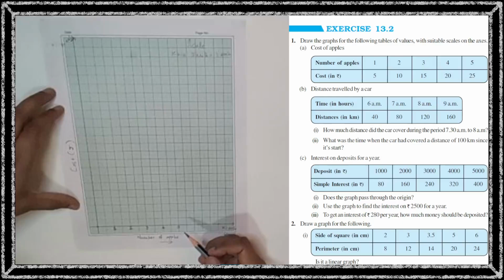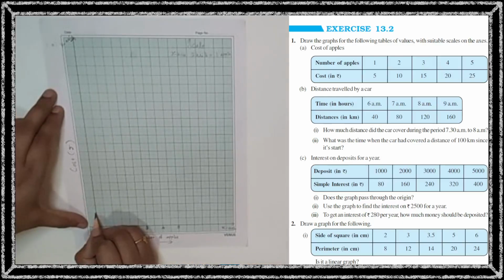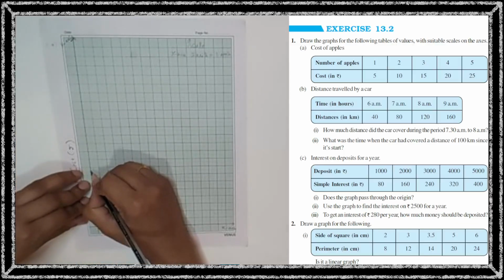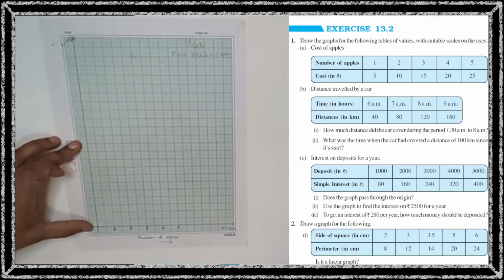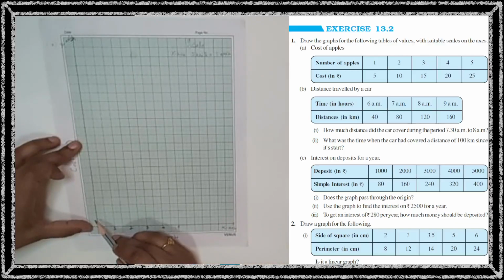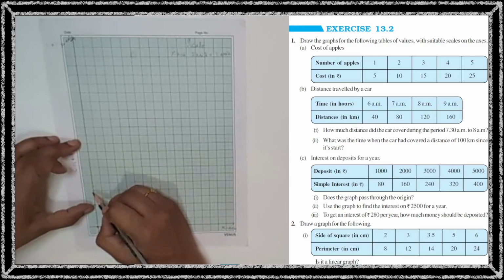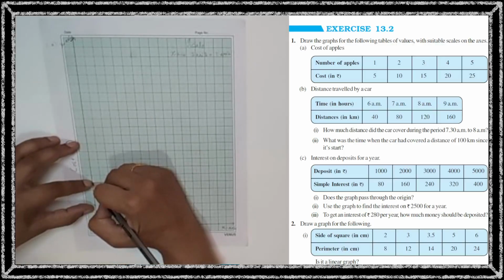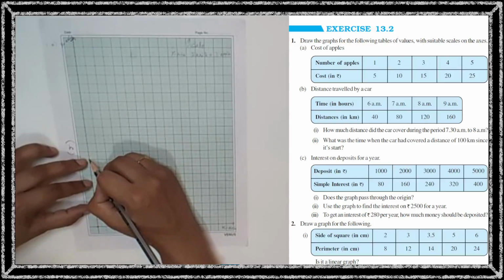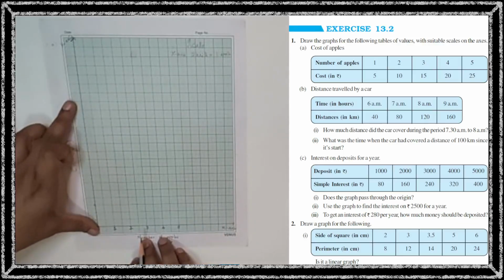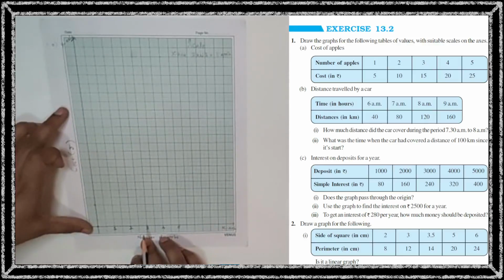So you can either take 2 blocks as 5 units, in which case you will be using approximately half the y-axis, or you can take 3 units as 5. Then it will be 5, after another 3 units, 10, after another 3 units, you will have 15, 20, 25. Then you will be using a fairly large amount of your y-axis.